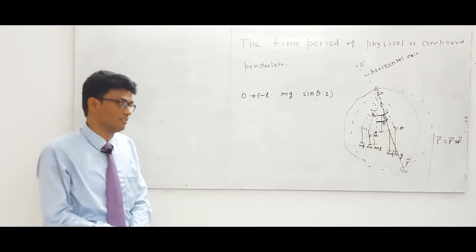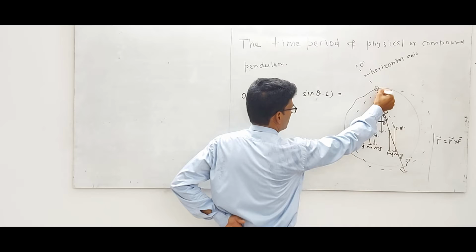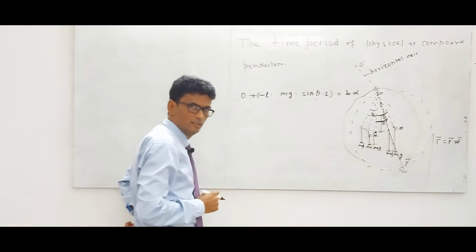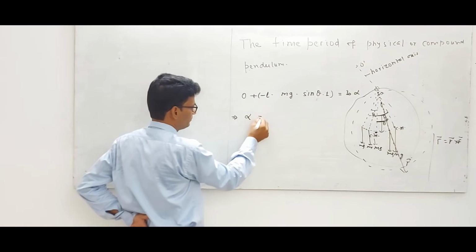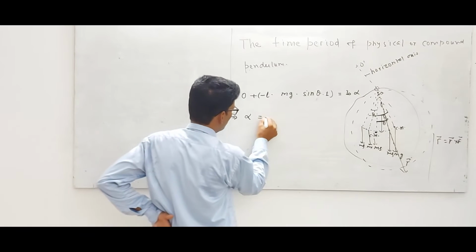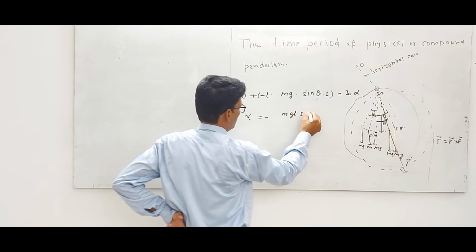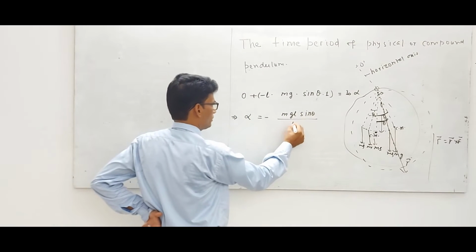So here this is equal to, say this suspension point is O, so this is I_O alpha. From here we are able to find alpha. So alpha comes out to be minus mgl sine theta over I_O.